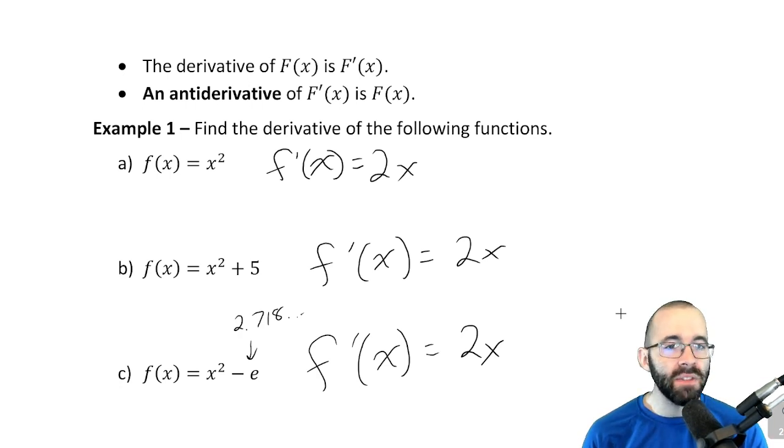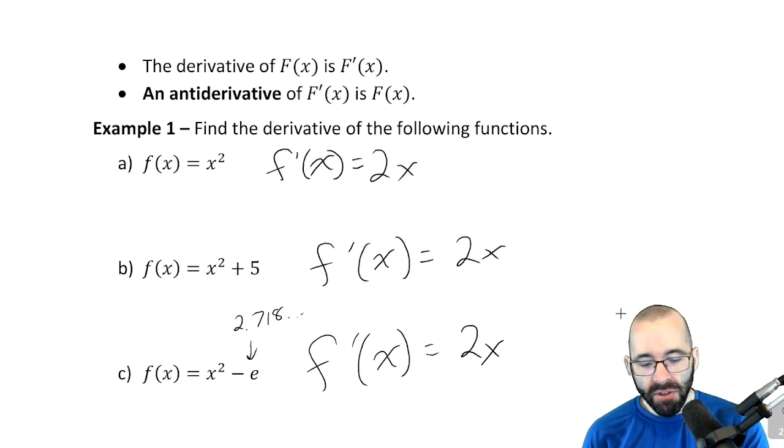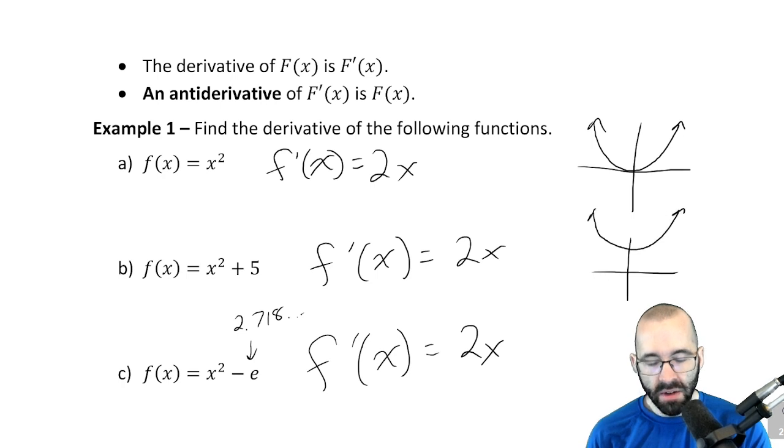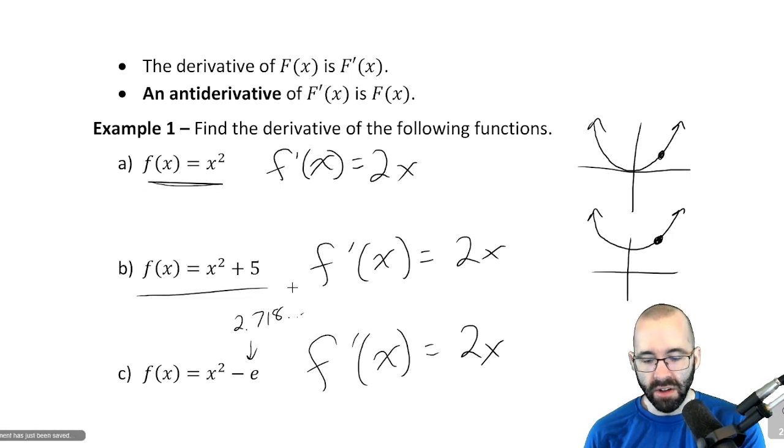There's infinitely many functions that have the same derivative. And if you plotted all of these functions, this first function is the parabola x squared. The second function is the parabola x squared, but it's just shifted up. So notice at any x location, the slopes are the same. The functions are different, which means the y values are different.